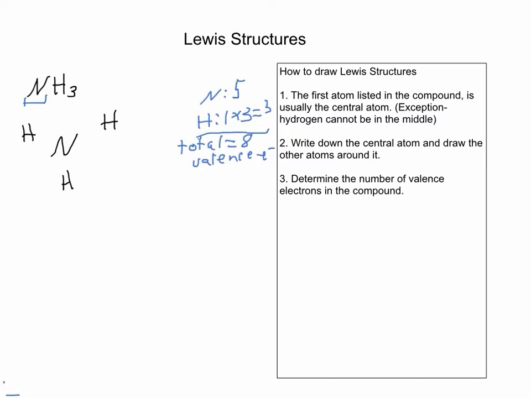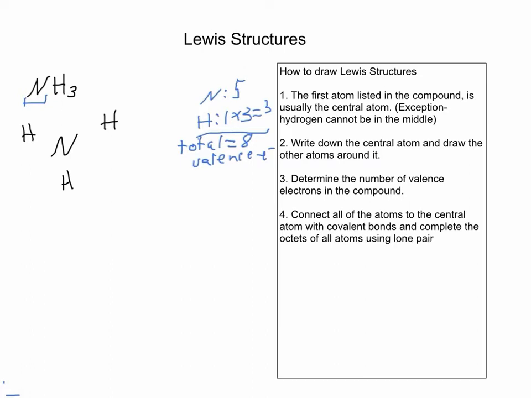Next, we're going to connect all of the atoms to the central atom with covalent bonds and complete the octets of all atoms using lone pairs.